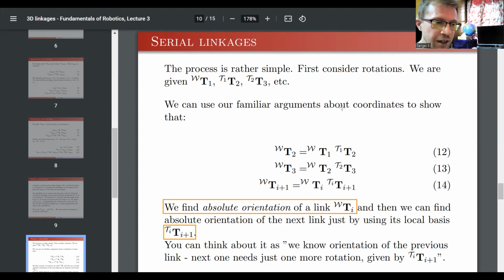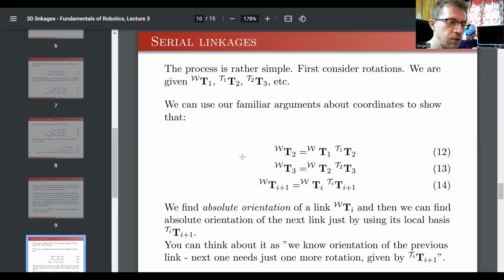So it's rather simple. You have the previous absolute orientation. For the next link, relative orientation times absolute orientation gives you the new absolute orientation. Questions so far?